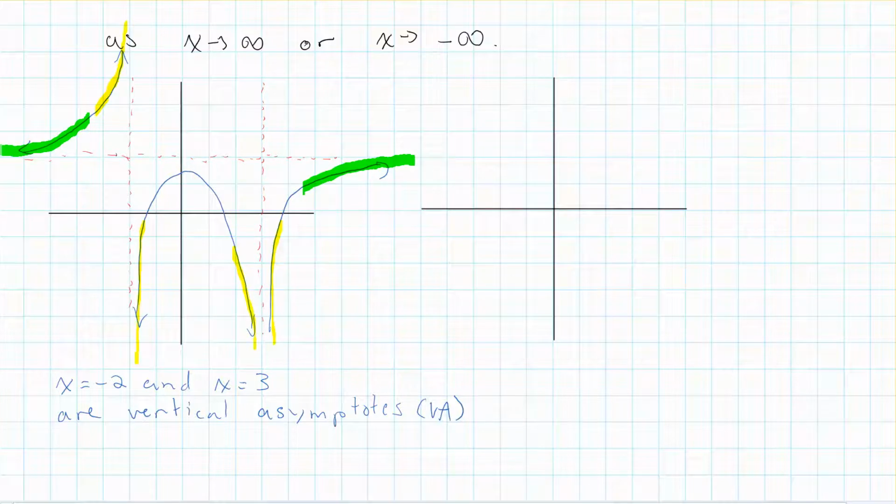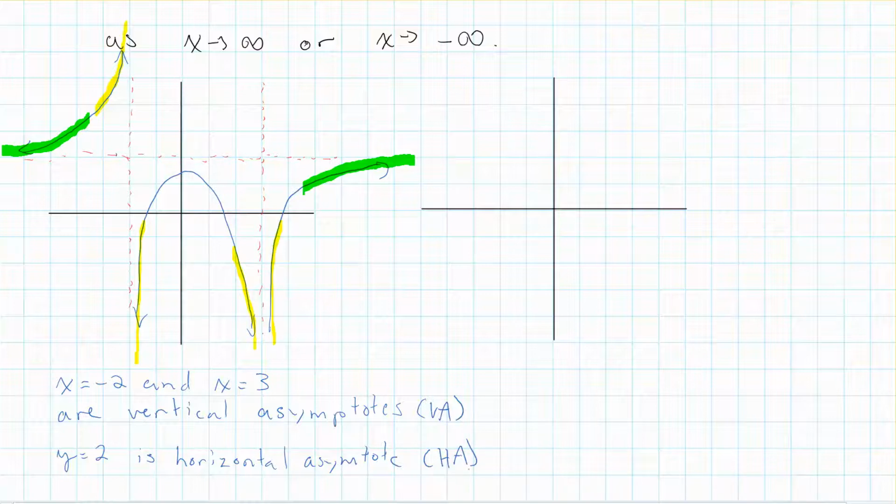It's going closer and closer to y equals 2. So we have a horizontal asymptote: y equals 2 is a horizontal asymptote, which again I will abbreviate as HA, and you're welcome to as well.